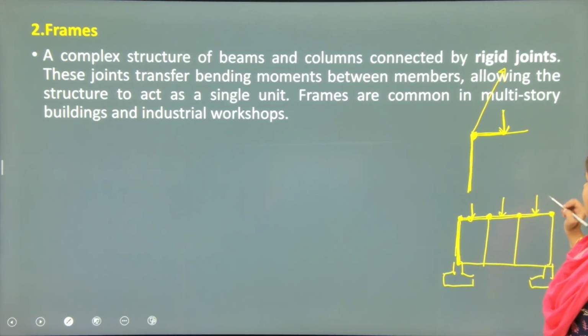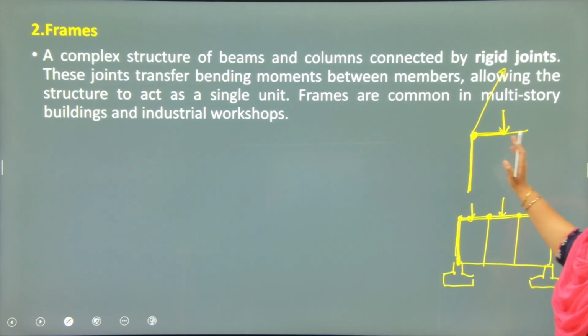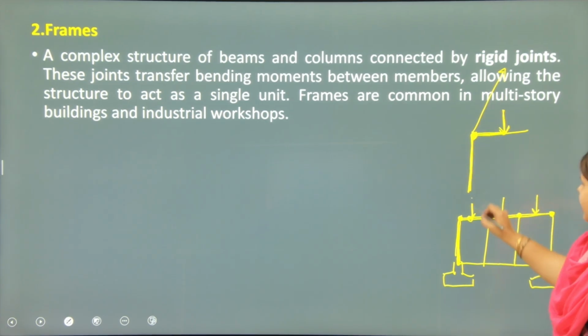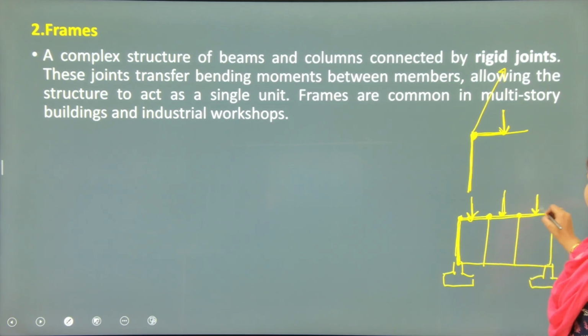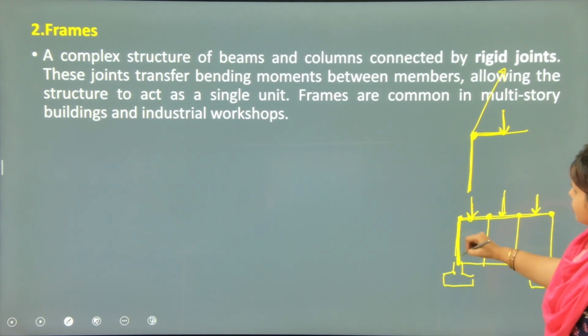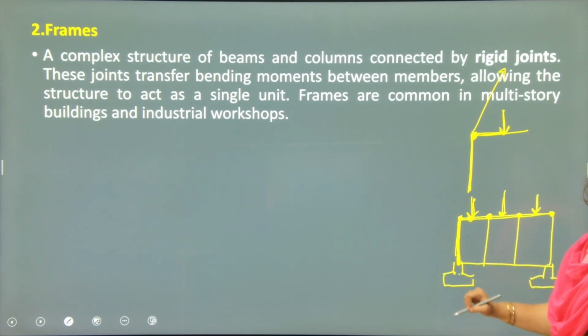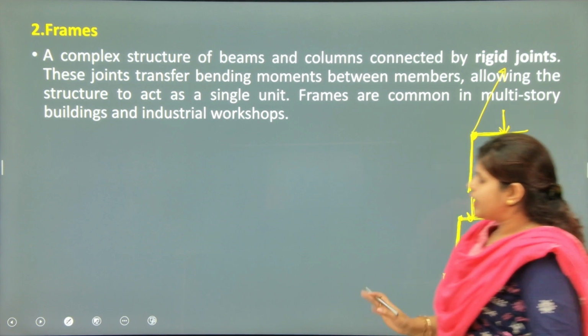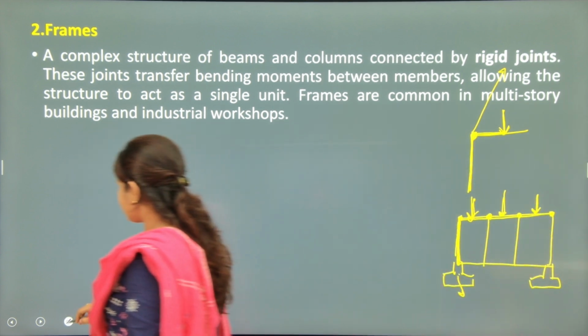Okay, so this is the property of any kind of structure. Whenever we make a building or bridge or anything, the property is that it transfers the load. It cannot take the load on a single unit. So the beam transfers the load to the column, the column transfers the load to the foundation, and the foundation will transfer the load to the soil. In case of structure we don't need these details.